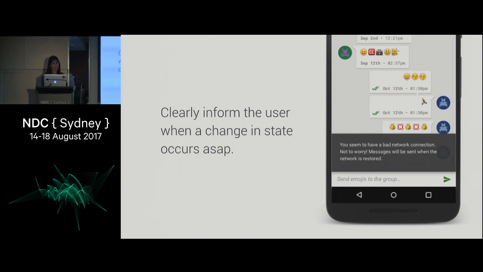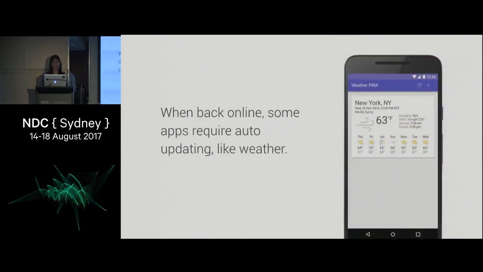But don't worry, the messages will be sent when the internet is back online. And when the internet is back online, some apps require auto-updating. For example, the weather. Because the weather has the data that you need that are very updated. So the weather doesn't really work if it has old data. So because of that, we need to auto-update here. Now, how you deal with informing the users that the internet is back online will depend on your app.